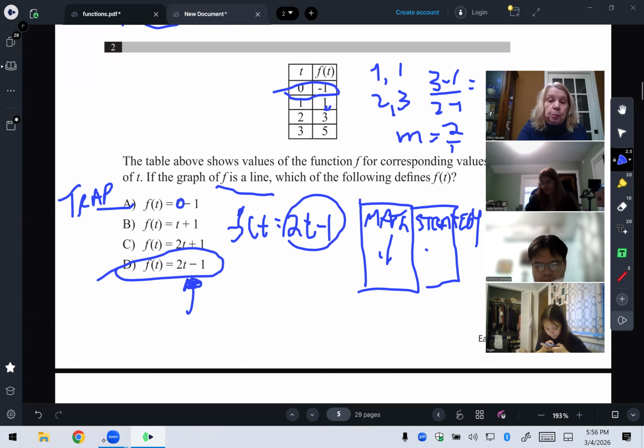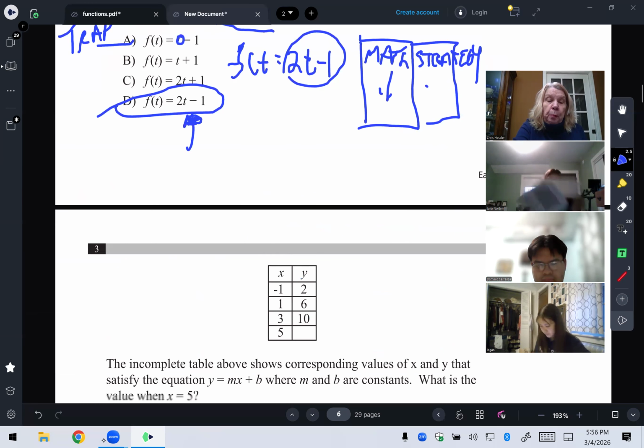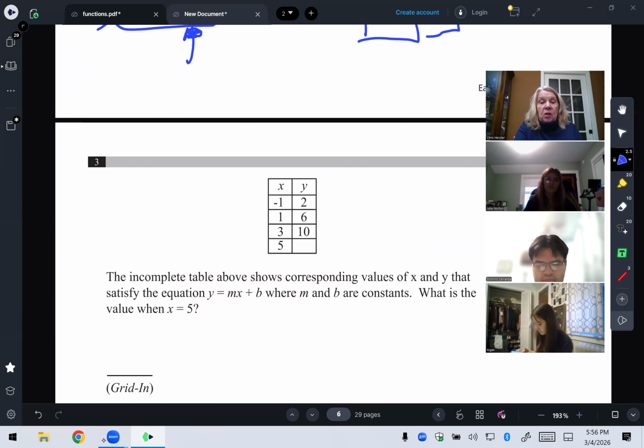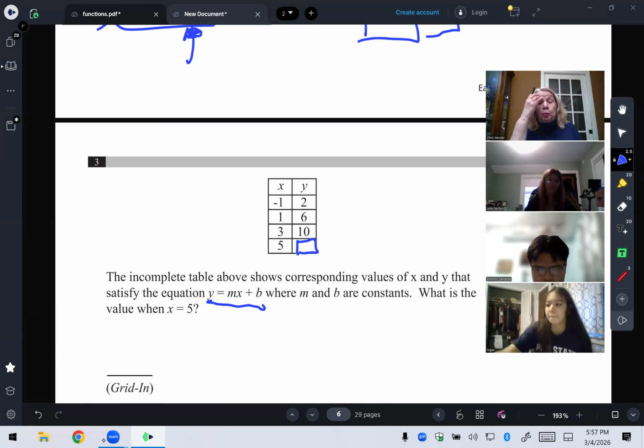Wait, hold on. Okay. Here's another one sort of like this. So we want to get this equation, and we want to get this missing value. So one thing we could do is we could get the slope formula out, because we're going to need that for other questions.